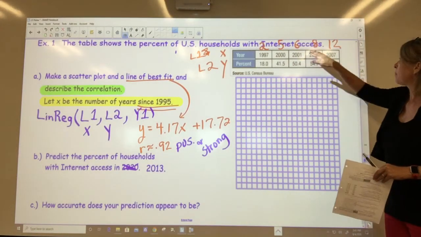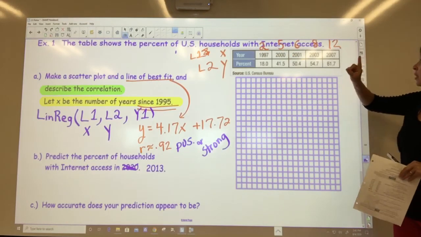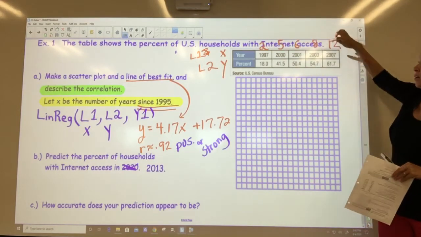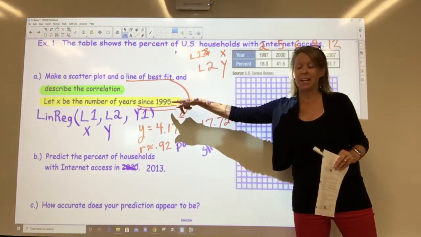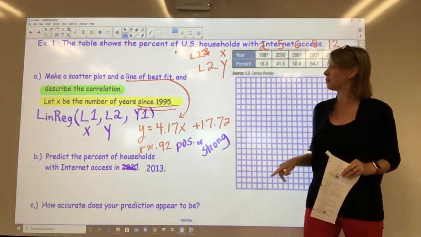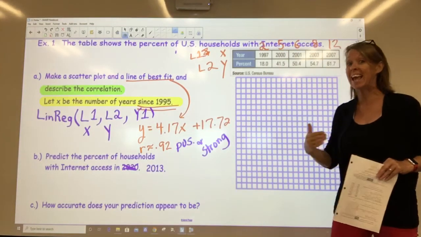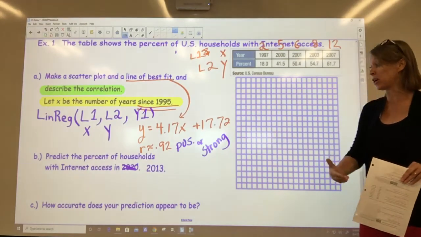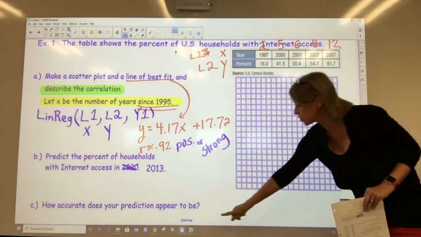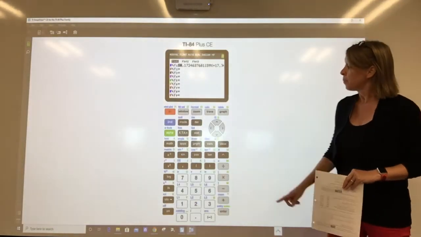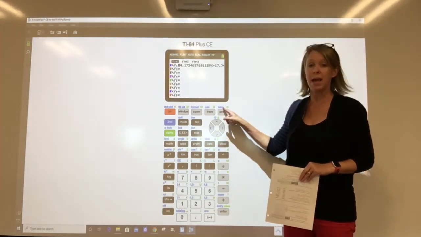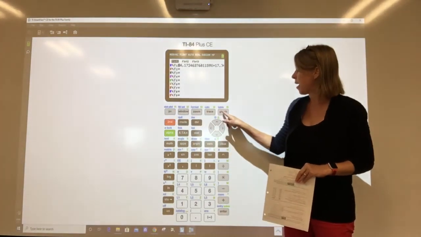Okay, now please keep in mind that when we make this prediction, think about how many years since the year 1995 the year 2013 was. Okay, that is technically 18 years after the year 1995. Okay, so here's how this works on the calculator. I'm gonna have you go into the table, hit second and the graph button.